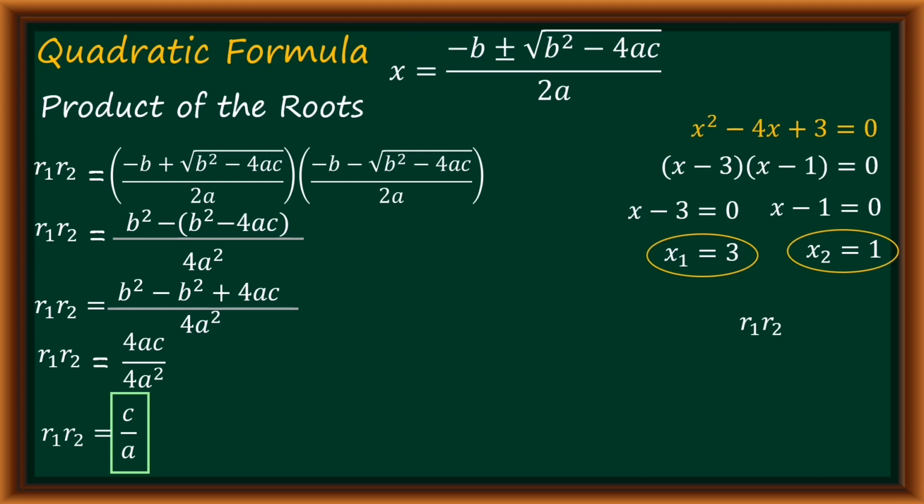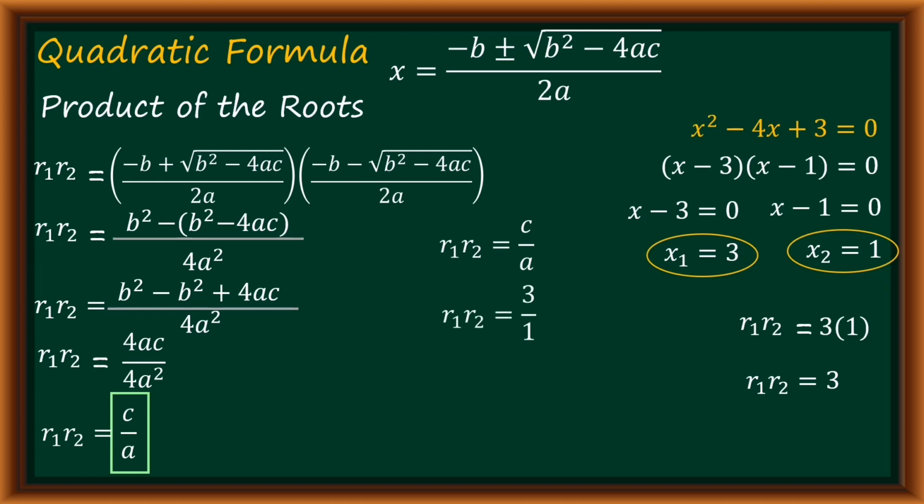Getting its product, we have r sub 1 times r sub 2 is equal to 3 times 1, and that is 3. But by using the formula, we have r sub 1 times r sub 2 is equal to c over a. From our quadratic equation, our c is equal to 3 and our a is equal to 1.